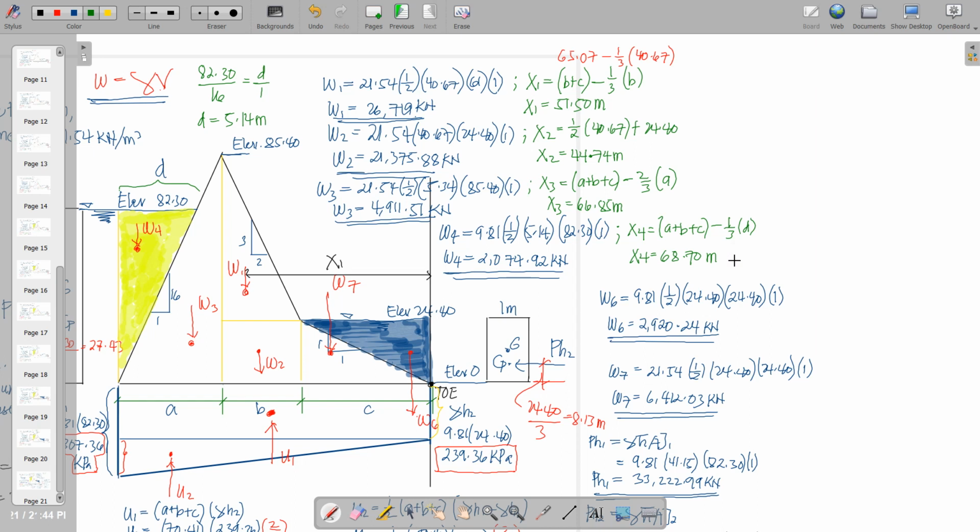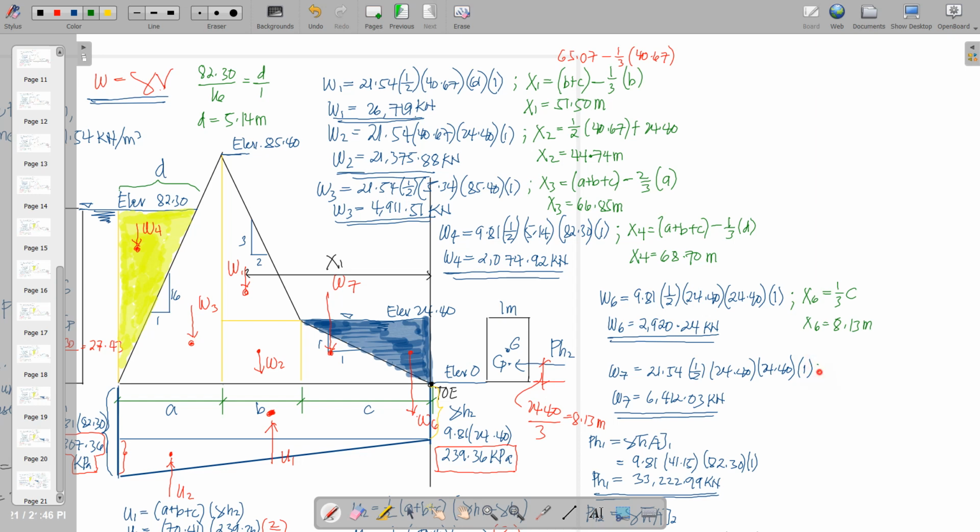So we have 68.7 meters. And then for X6, the weight of 6 is the weight of water from the downstream side. Again, we have a triangle, so we'll just have to get 1/3 of C. So that locates the centroid from the toe. Therefore, that will be equal to 8.13 meters.